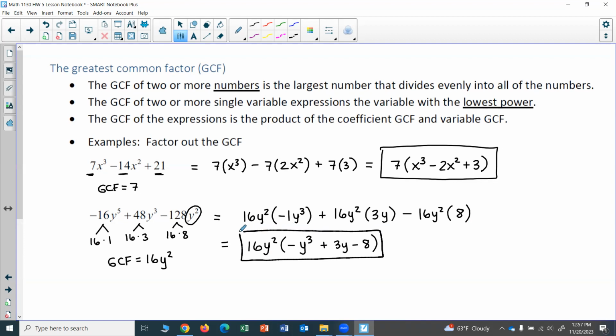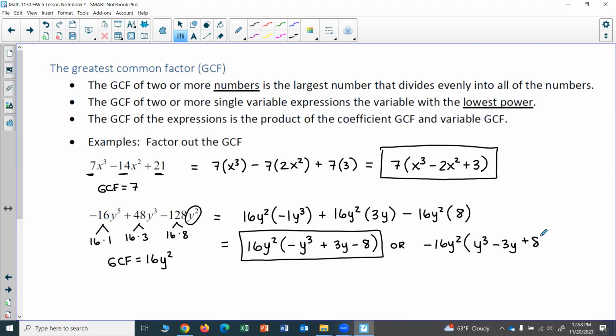Now, when you are doing this, it's okay if you take the negative out with the common factor. So another valid answer would be negative 16y squared. And if I did that, it would switch the sign of each term inside the parentheses. So if I pulled out the negative, I would have negative 16y squared, parentheses, positive y cubed, minus 3y, plus 8.